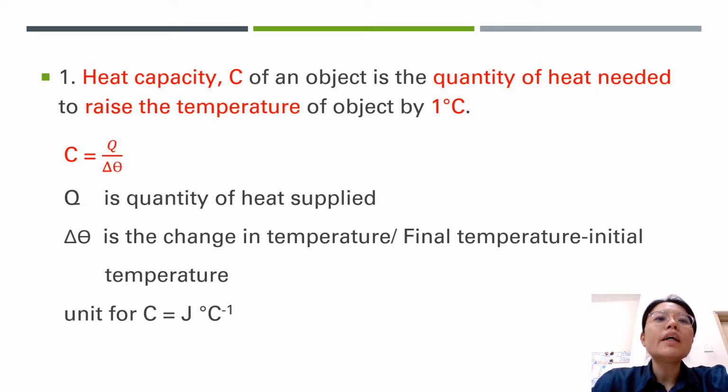Delta theta is the change in temperature, or we use the final temperature minus the initial temperature. The unit for heat capacity is joule per degree Celsius. From now onward, you must know what this formula means.